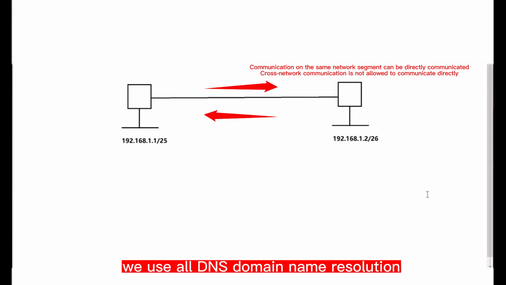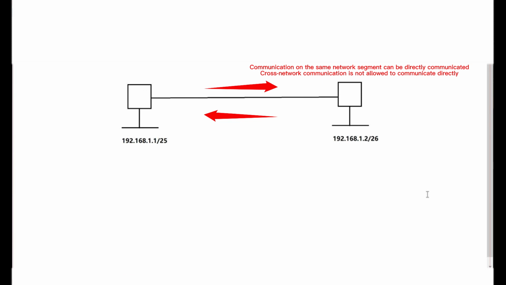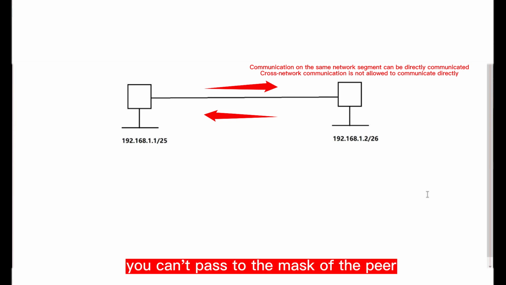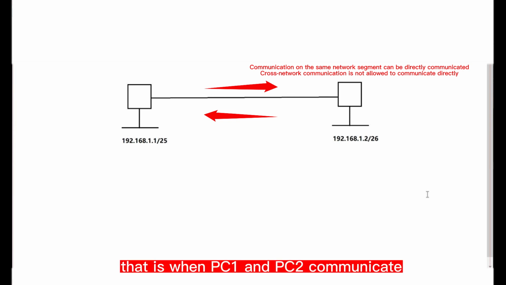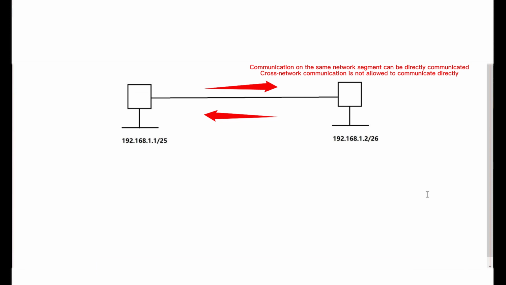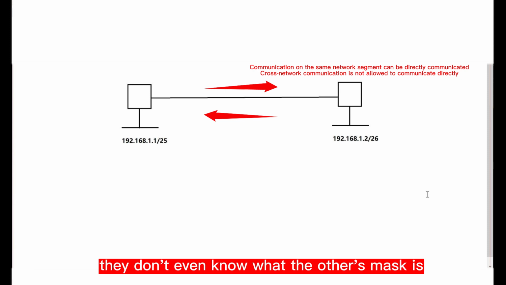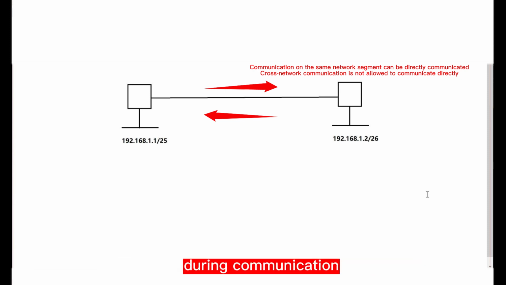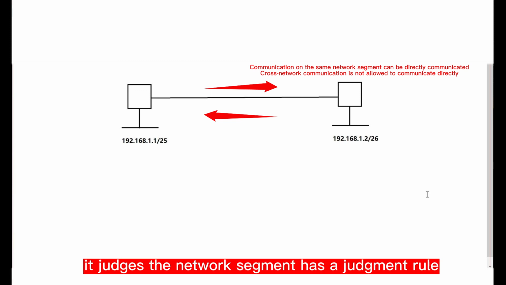We use DNS domain name resolution. After you finish parsing, you can't parse the mask of the peer. That is, when PC1 and PC2 communicate, they don't even know what the other's mask is. So if you don't know the other party's mask during communication, it judges the network segment by a judgment rule.